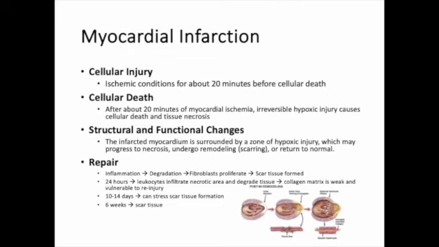This contributes to resultant cellular death. Additionally, infiltration of inflammatory cells will contribute to the tissue injury at that site. Degradation of damaged cells, proliferation of fibroblasts, and the synthesis of scar tissue. Within 24 hours, this is all happening in repair response to the cellular injury.